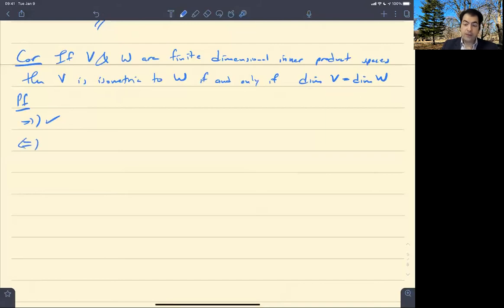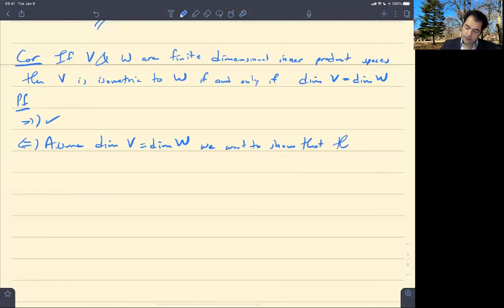On the other hand, let's say that you have two inner product vector spaces of the same finite dimension. If we get to assume this, we want to show that they are isometric. Okay, so here we go.